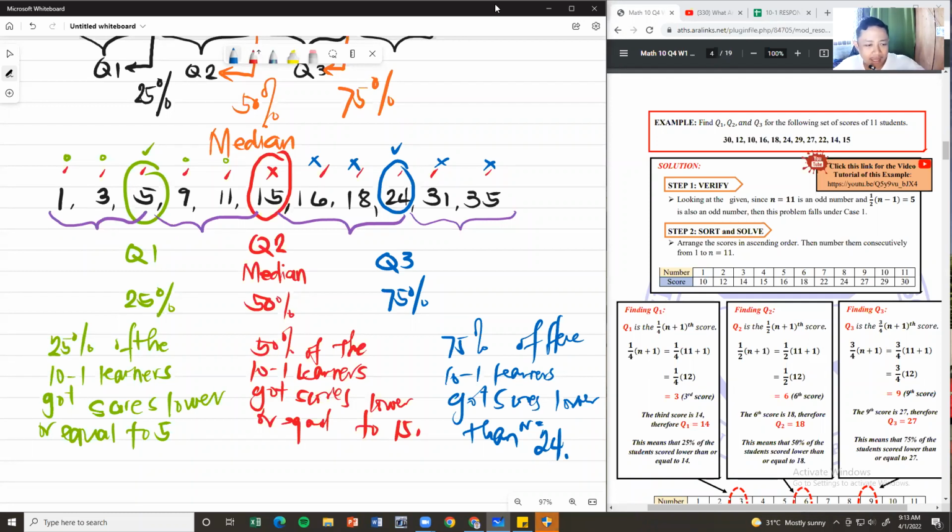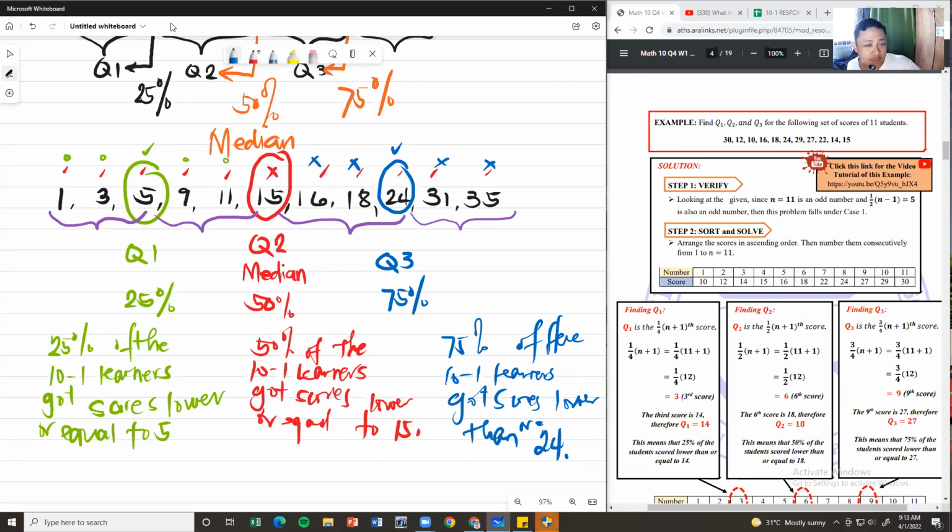Okay. Now, I want you to make your own interpretation. If you will be asked, in which quartile do you want to belong? So considering the 10-1 class, in which quartile do you want to belong?